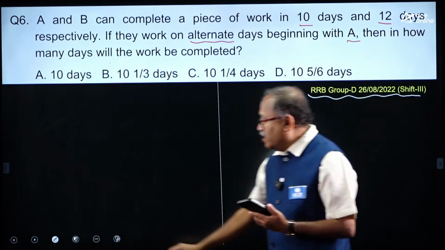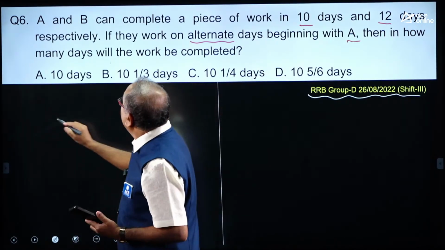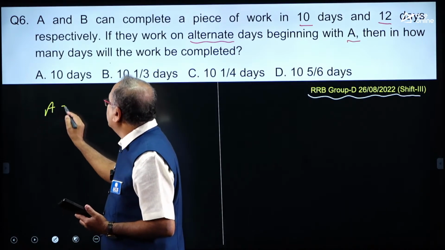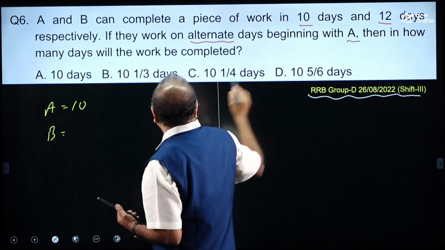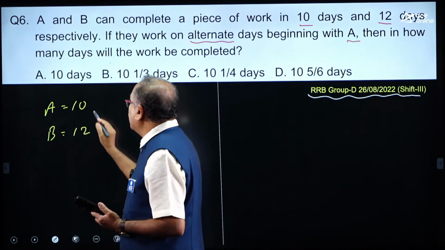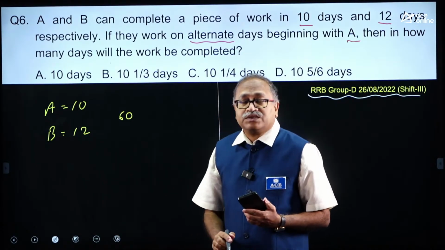Okay. The general method is what people will do: A can do the work in 10 days, B can do the work in 12 days. So the LCM of 10 and 12 is 60.